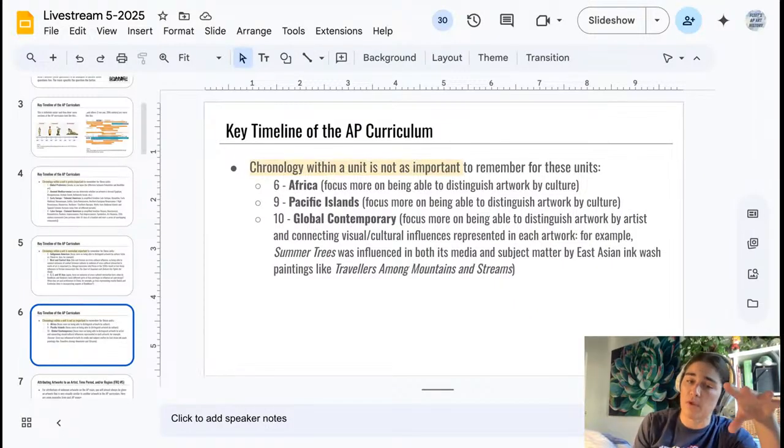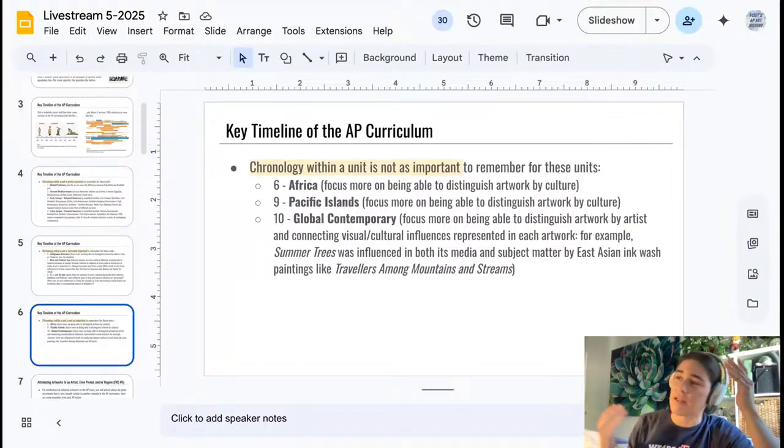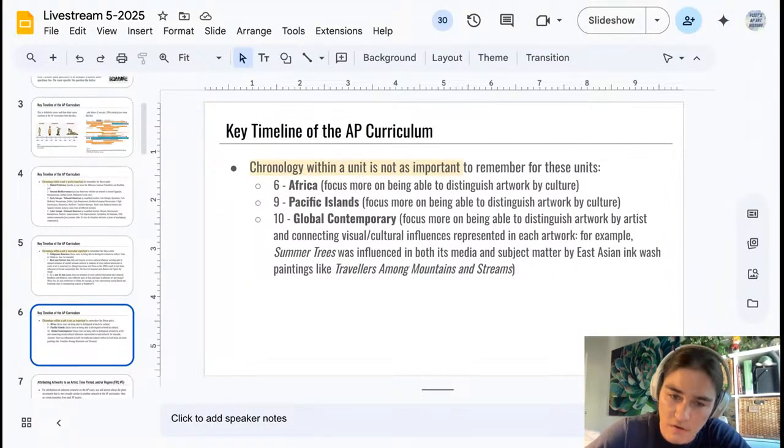And when it comes to the global contemporary curriculum, it is a little bit different from the other units within AP Art History, in that understanding these artworks really requires us to look back at the previous 9 units. Right. So being able to connect the visual and cultural influences represented in each of these artworks, I think is going to be the most important.